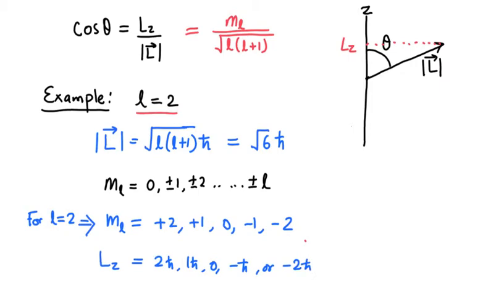Now if you have to represent these vectors, how will you represent them? Let's look at that. You have the z-axis and you have an L vector. The magnitude of this vector is always going to be given by this. This vector corresponds to Lz equals 0, so for that, m_l is equal to 0.